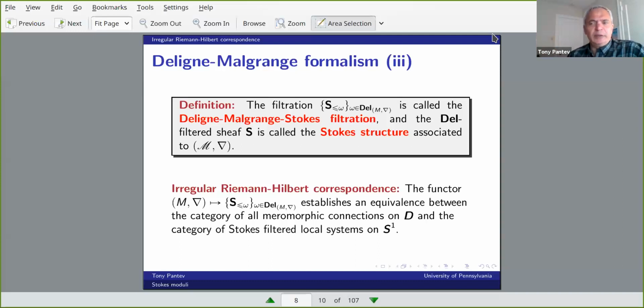The question was about the morphisms between these Deligne sheaves, so there are natural morphisms as subsheaves. There is actually a real subtlety here, which I swept under the carpet: each irregular type, or each meromorphic connection, gives you one of these sheaves, a subsheaf in the sheaf of Puiseux forms.